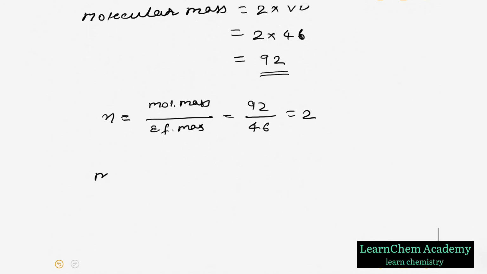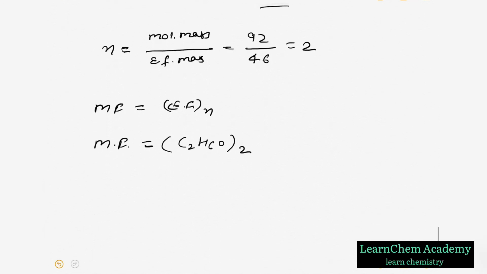So the molecular formula is equal to the empirical formula whole n. The empirical formula is C2H6O and the n value is 2.